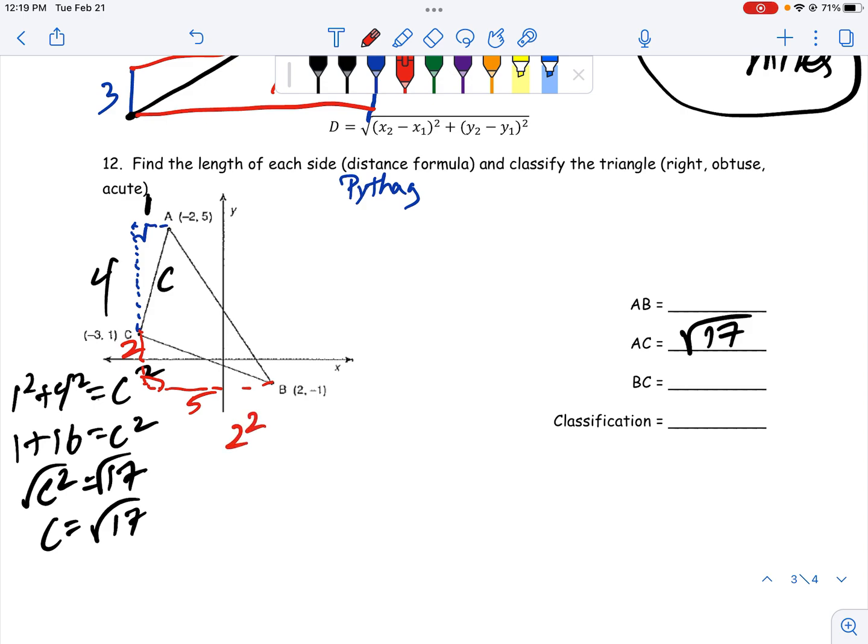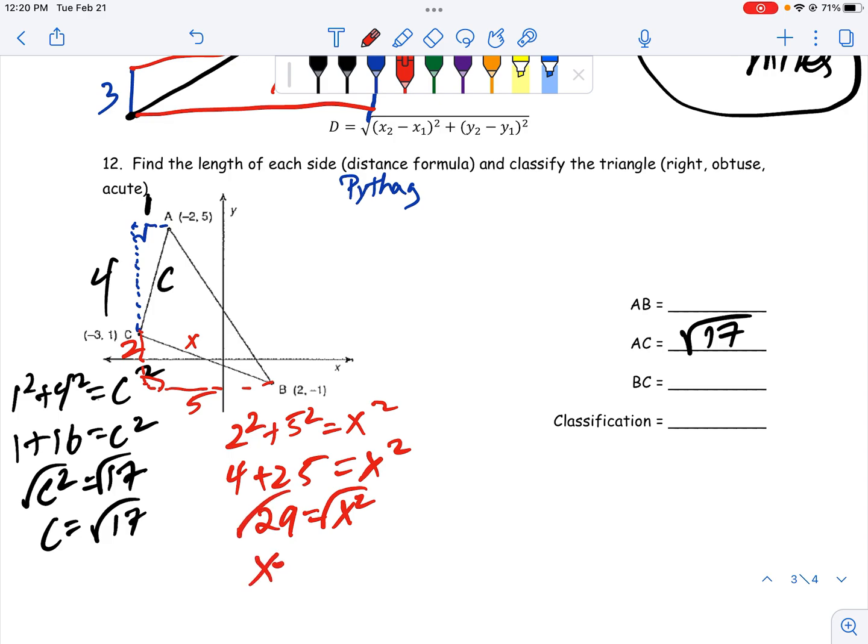So I do 2 squared plus 5 squared equals x squared. 4 plus 25 equals x squared, which is 29 equals x squared. X equals the square root of 29. I think on the answer key there is a mistake on that one. It should be square root of 29, not 26.